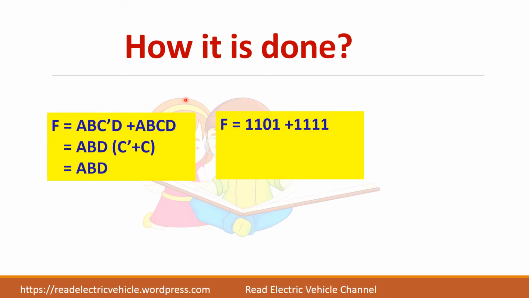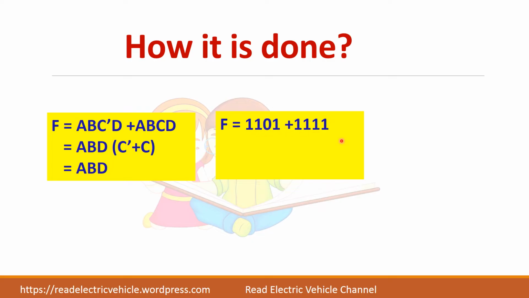You see here the same expression written in terms of zeros and ones. For A it is 1, for B 1, for C dash I have taken 0 and again for D 1. And here A, B, C, D, so all are 1. So in both the cases only the third bit is differing.